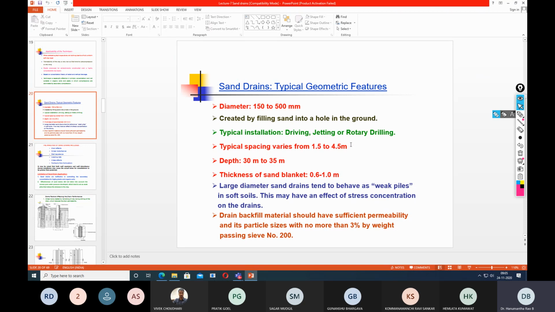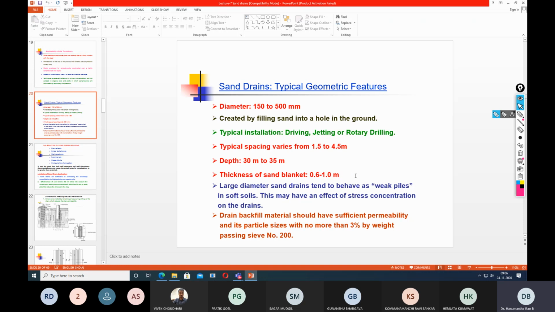The typical is 1.5 up to 2.5 meter. The working depth is 30 to 35 meter. Once all the sand drains have been installed in a given area, the surface of the site is covered with a sand blanket whose permeability is also very high. The approximate thickness of this blanket layer is 0.6 to 1 meter.